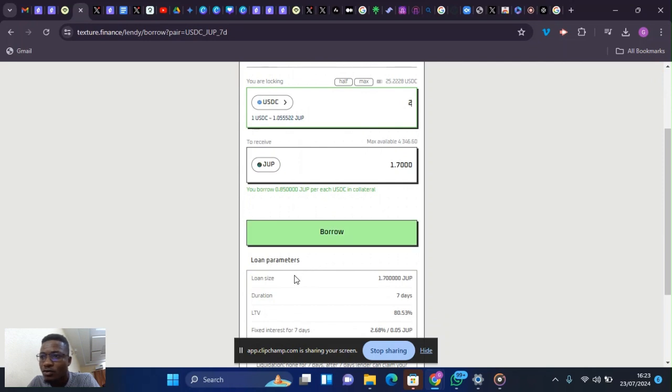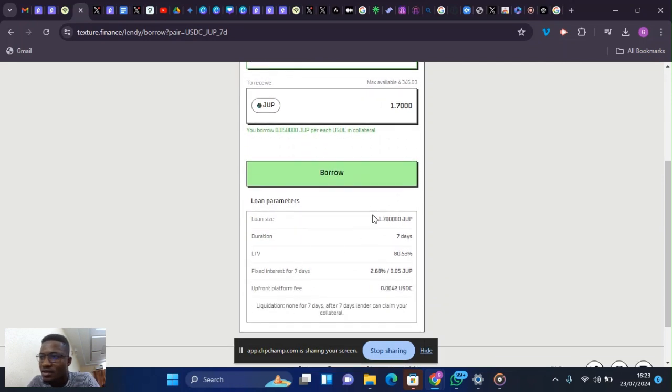I can go ahead and borrow, but let's come to the loan parameters. This is the value I'm getting, and the duration of this loan is 7 days. If by 7 days I don't pay back this loan, my collateral will be gone. Then you see here the LTV, loan to value, is 80.758%.